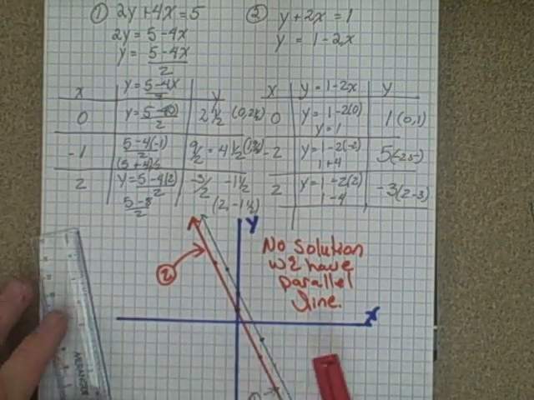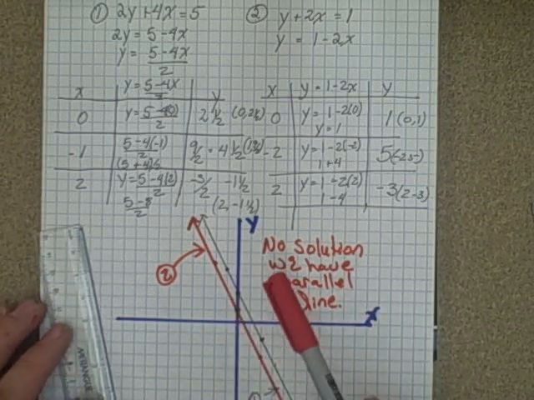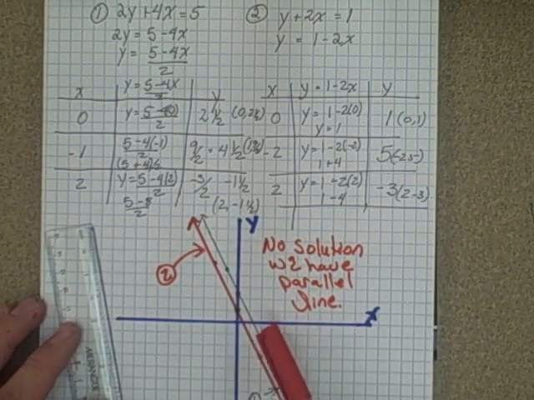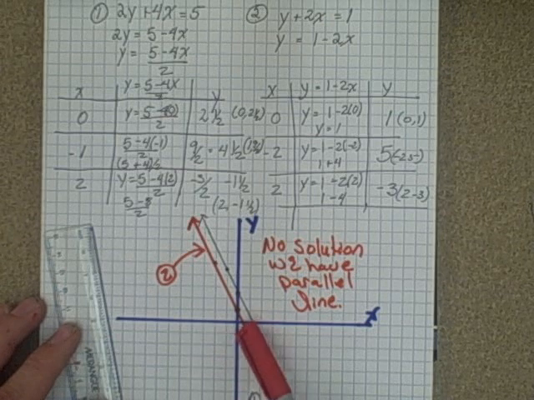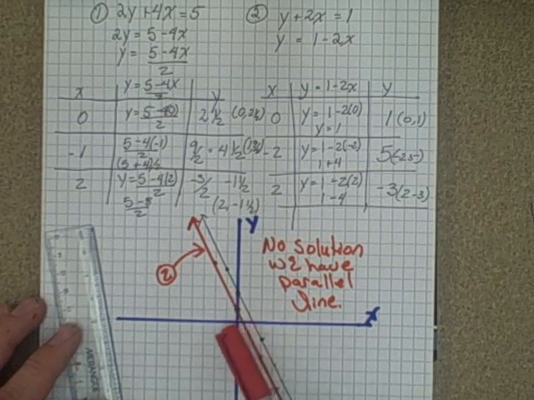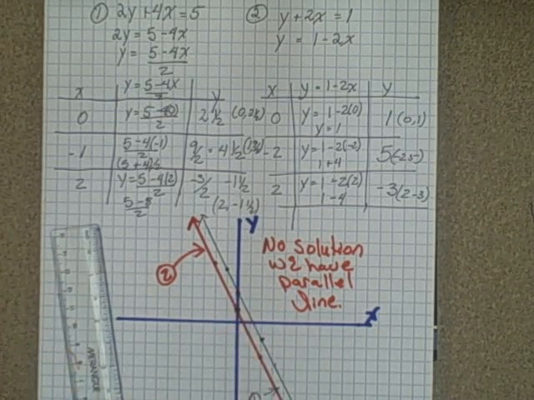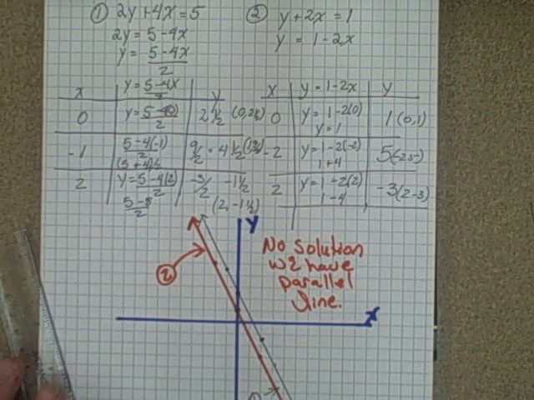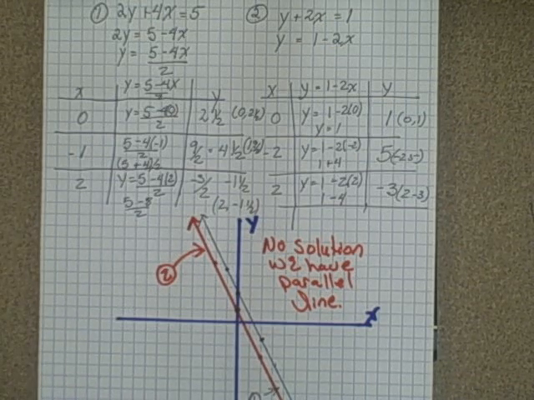One way we could look at it is, do they both have the same slope? Looks like it, and they cross the y and x axes at different places. So that would mean they are definitely parallel with no solution. When we get into the next section, we'll be looking to classify linear systems under this category as well as the other categories. So that's example number 2.